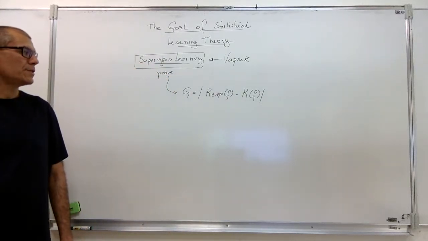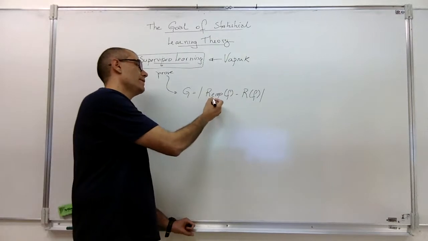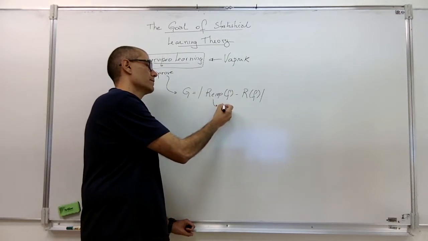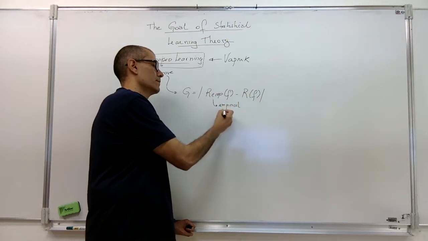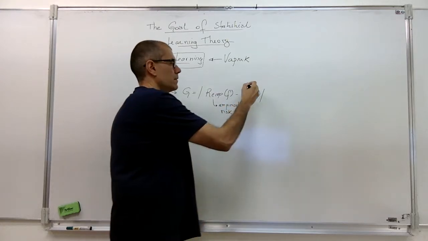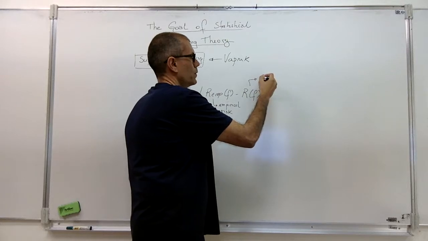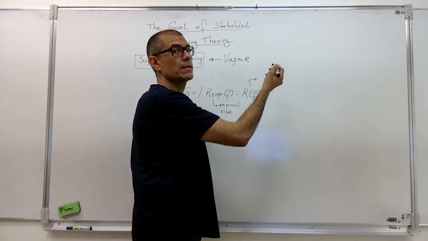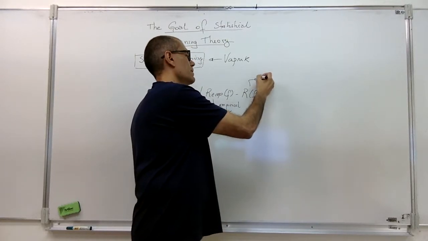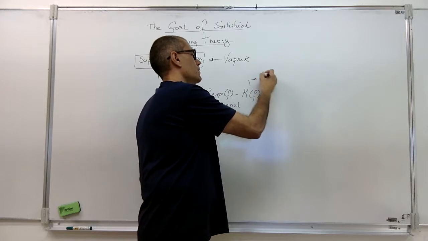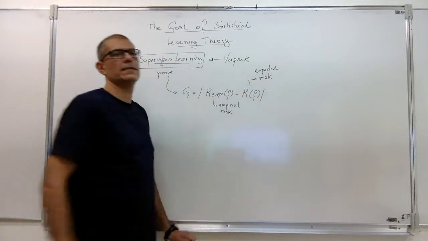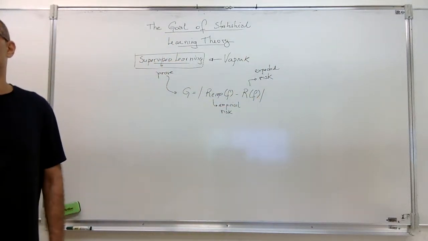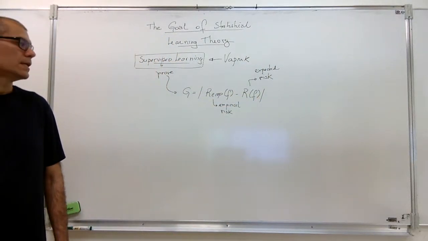A generalization is basically comparing the empirical risk, or the risk in a given sample, with the risk in the whole population, the whole distribution. This is called the expected risk, right? The risk in a joint probability distribution.